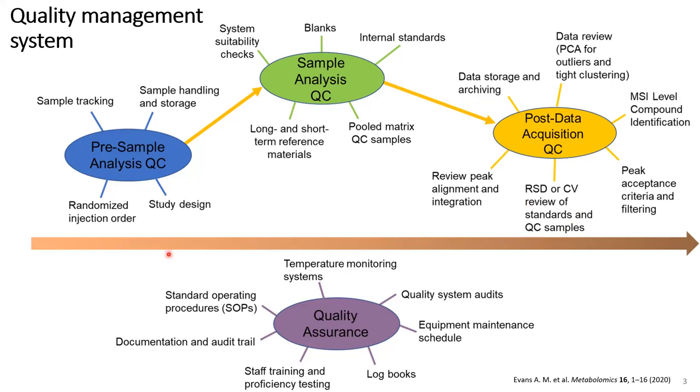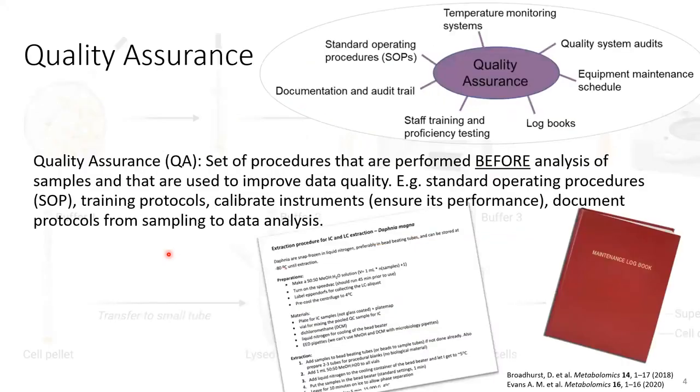And then you have the quality assurance system, and we looked a little bit more into that, and that's happening before any analysis, where it's standard operating procedures, and up here we cannot see, but it could be monitoring of temperatures in the room, power failure, and so on of the instruments.